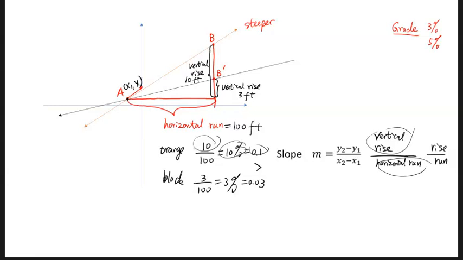Remember, in the previous video we talked about how every point can be described as an ordered pair. The first component is called x, the second component is called y. Here I use subscripts because I'm going to have another point, the end point, which is also x and y. But to distinguish them, we give them subscripts. So we call the beginning point x1, y1, and the end point x2, y2.